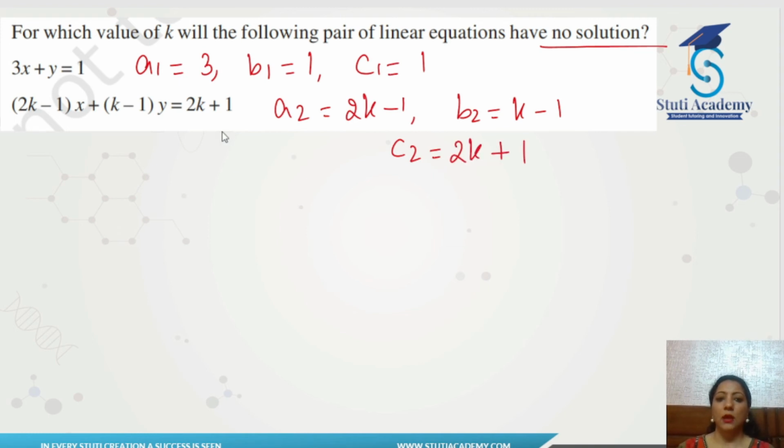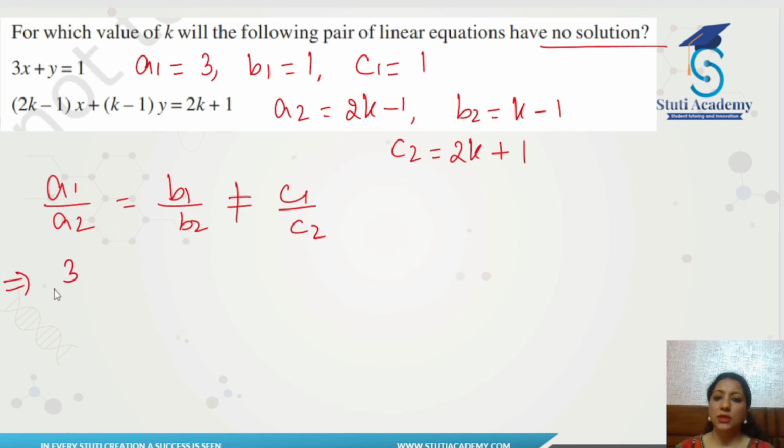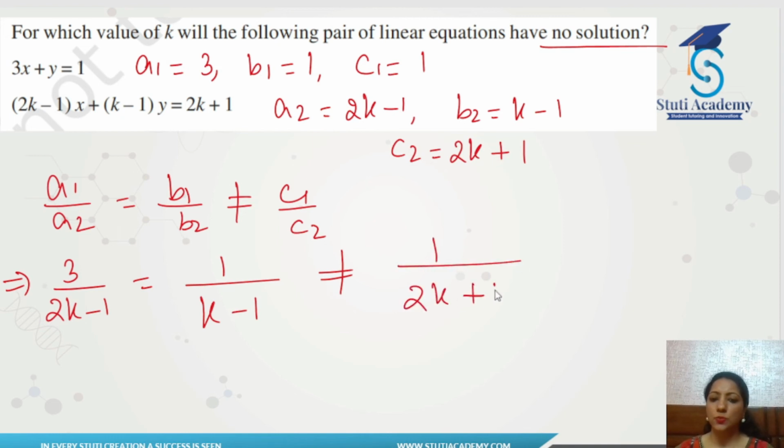plus 1. Now we have no solution, that means a1 upon a2 equal to b1 upon b2 not equal to c1 upon c2. So a1 upon a2 here is 3 upon 2k minus 1, b1 upon b2 is 1 upon k minus 1 and c1 upon c2 is 1 upon 2k plus 1. Now we need to solve for k.